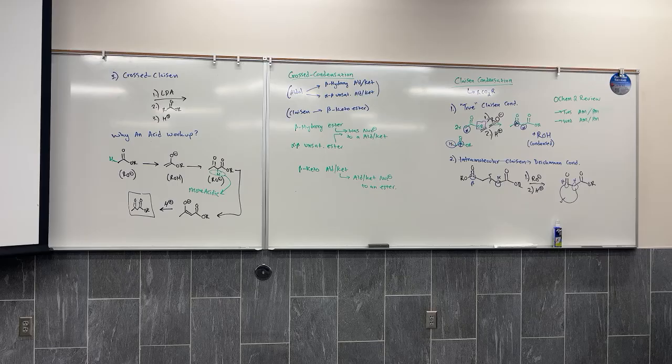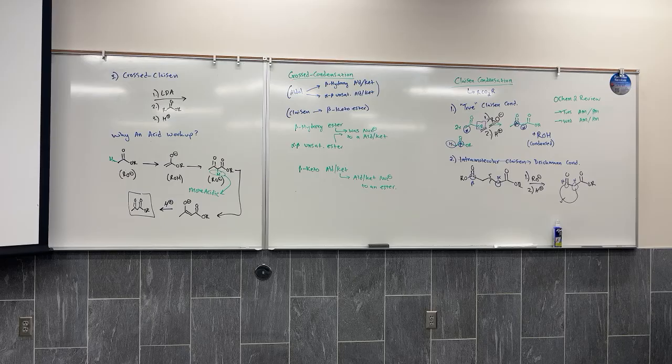If Claisen condensation makes a beta keto ester, what type of condensation makes a beta keto ketone? Not Claisen, because Claisen makes an ester. So it's a kind of a combination.